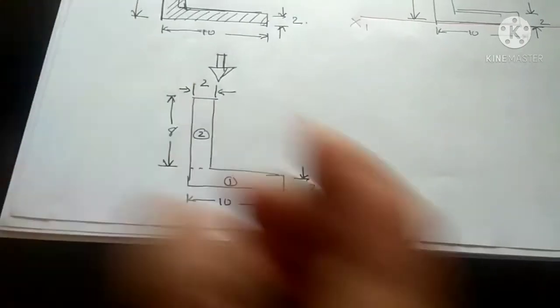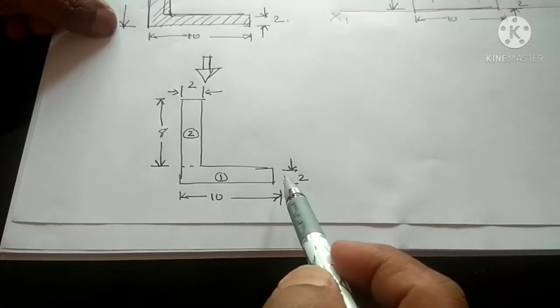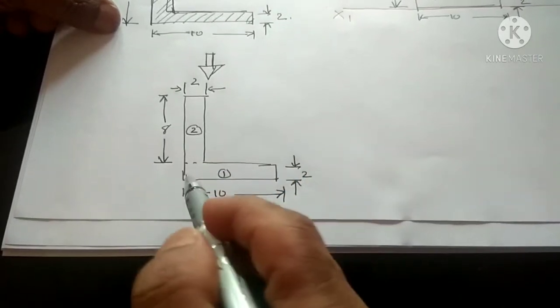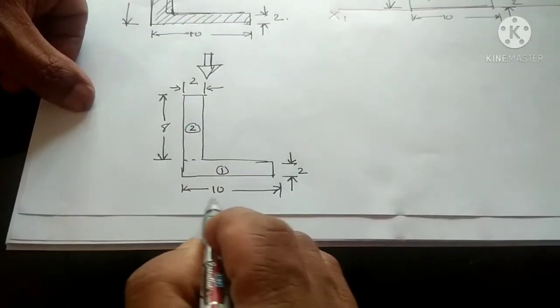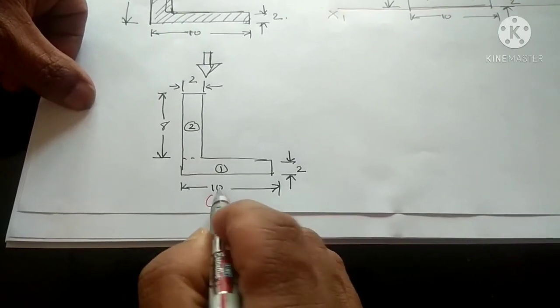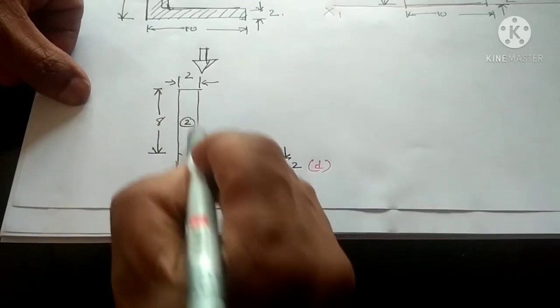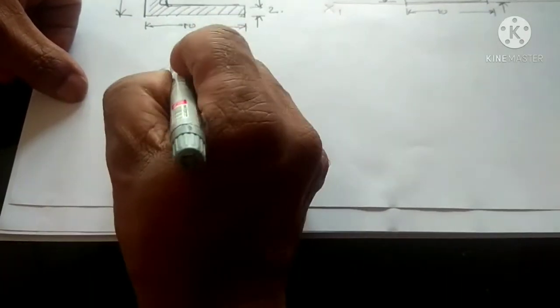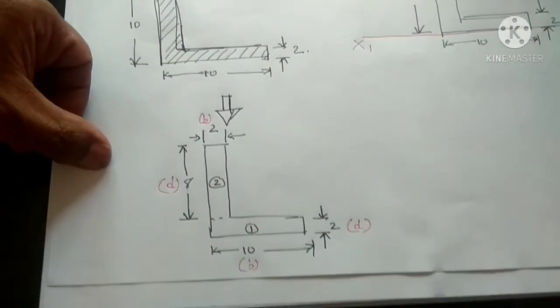Which indicates that we are having two rectangular sections. For the first rectangular section, B is equal to 10 and D is equal to 2. And for the second rectangular section, B is equal to 2 and D is equal to 8.